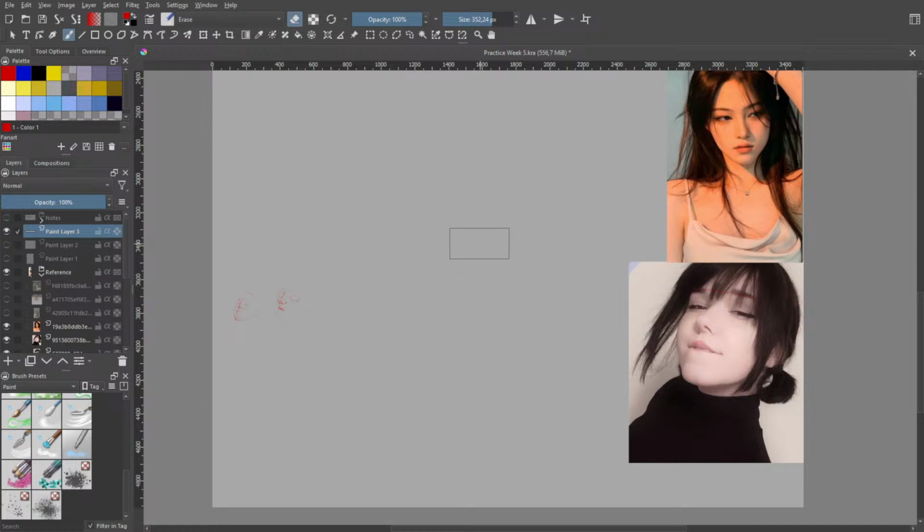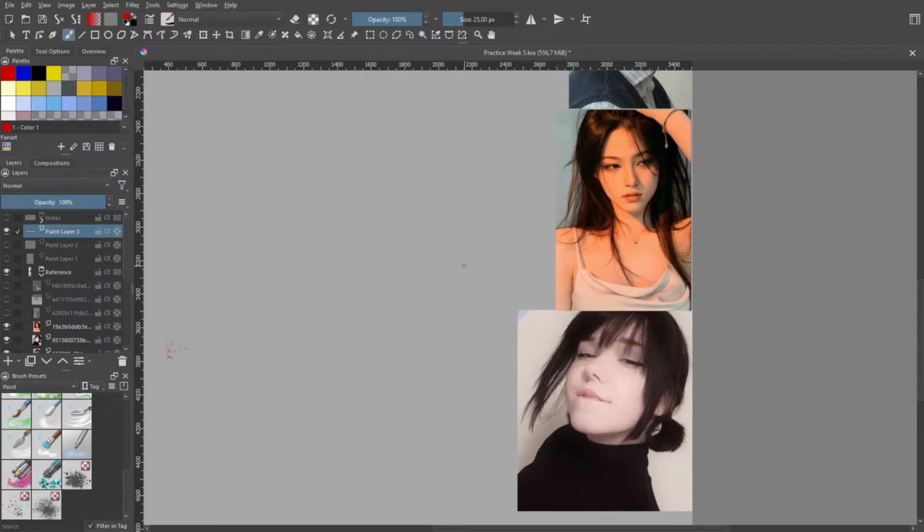Let me actually sit up, and get some proper posture going here.